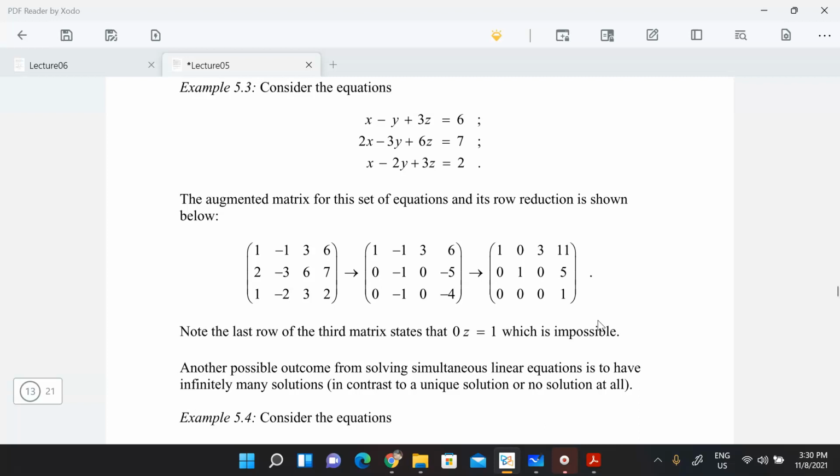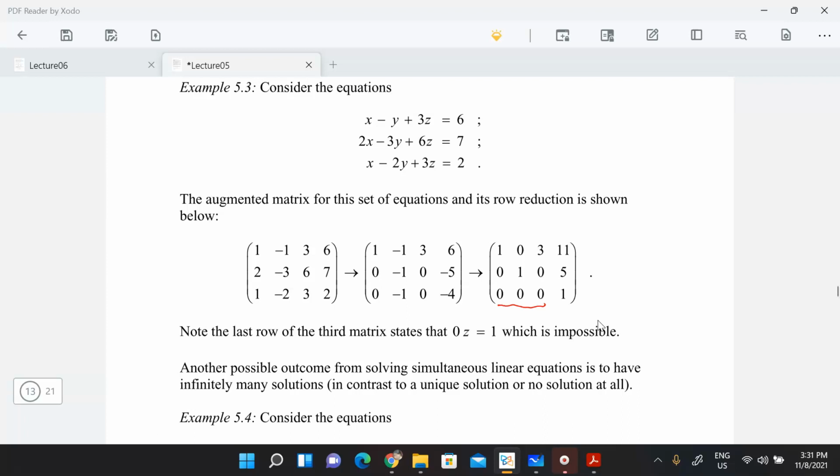So what happens over here, if you do row reduction, you come to the point where I try to get all the zeros here, but I find that the last thing that happens over here, this third row, which is supposed to be the third row of the matrix, becomes all zeros.